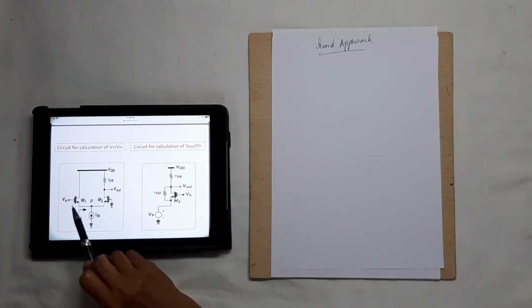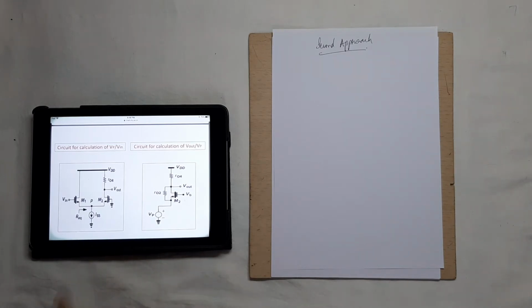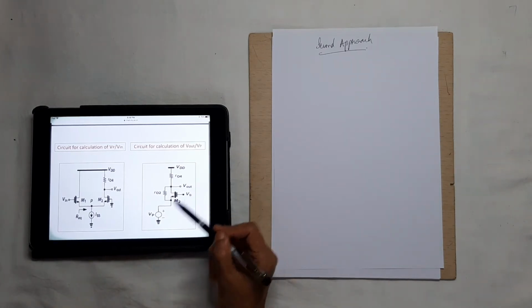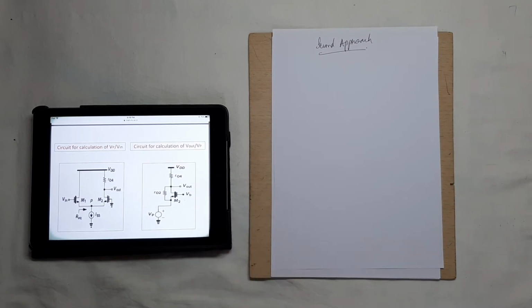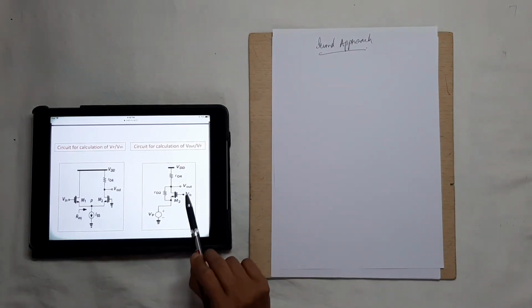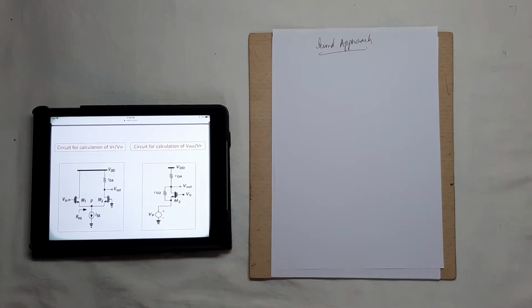One is Vp by Vin from this particular circuit, and another one is V out by Vp from this particular circuit. Then we take the product of Vp by Vin into V out by Vp. Then we obtain V out by Vin, which will be the voltage gain of the circuit.